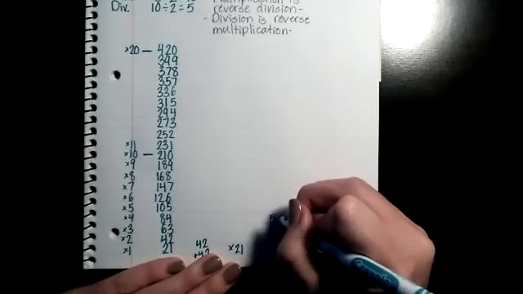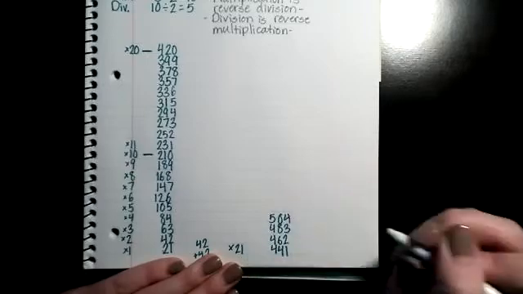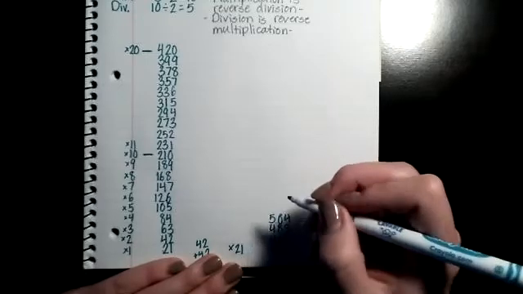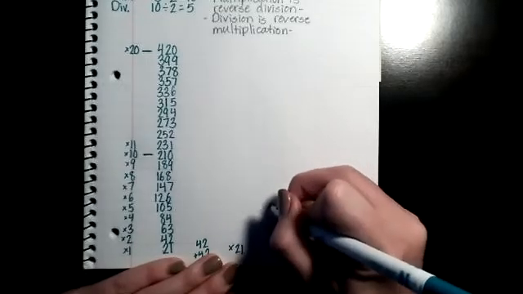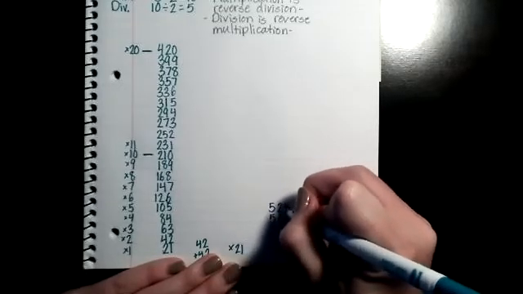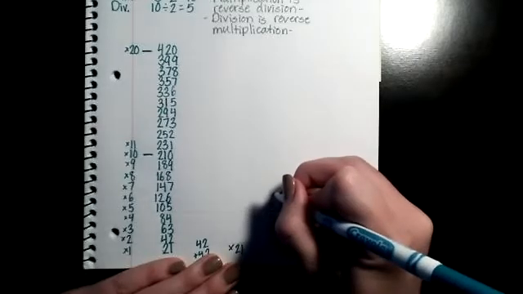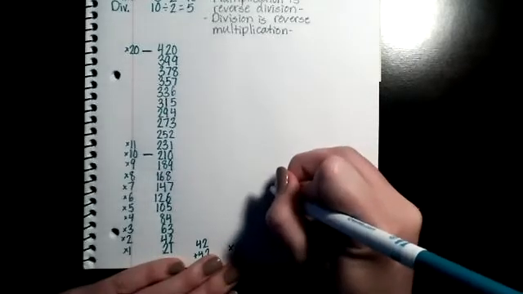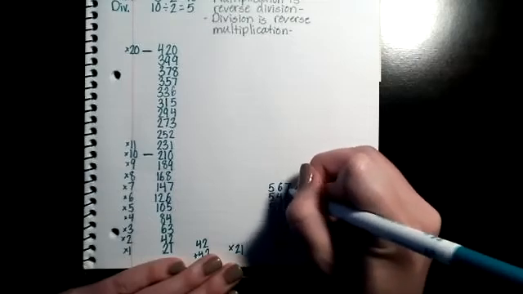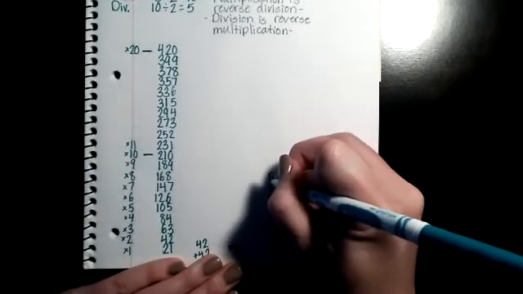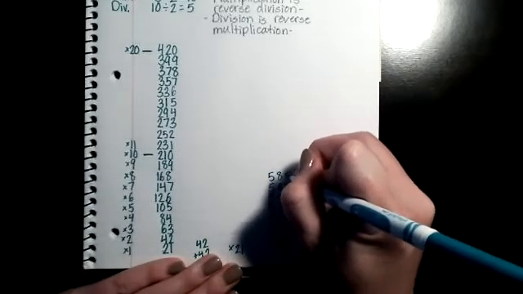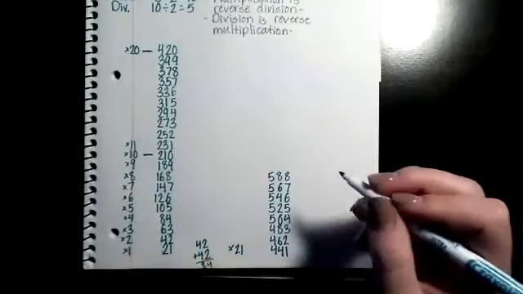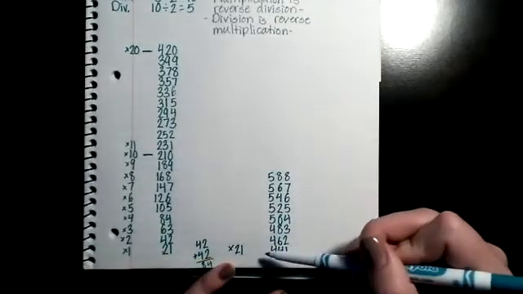And this next one, I have 504. Yes, okay. Just got to double check that. And then 525, 546, 567, 588. All right, let's pause there and see how far I've gotten.